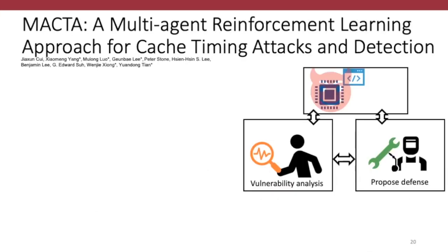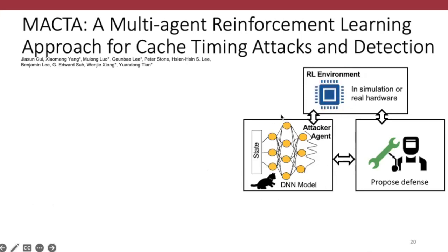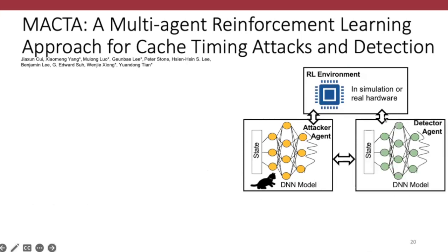In the second work I want to talk about today, we use multi-agent reinforcement learning to help design attack and detection. We see that in AutoCAT, we replace the vulnerability analysis with the RL agent. And in MACTA, we also include the defense as another agent.